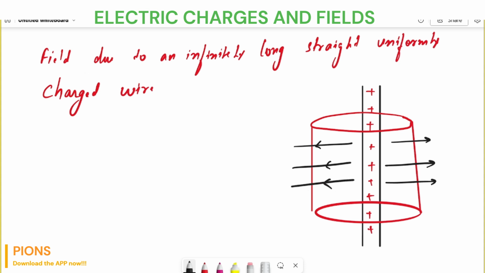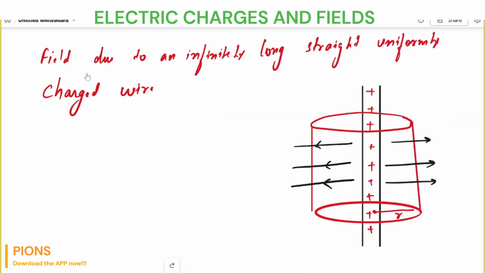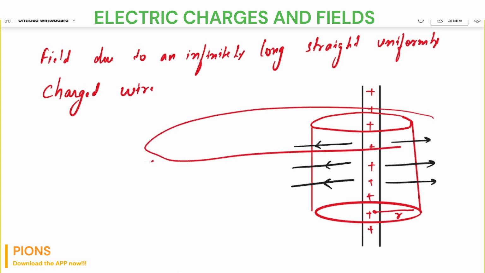Let's assume that the Gaussian surface here is at a distance R. Sir, can you imagine a bigger Gaussian surface? Yes, you can. Sir, how do you decide which size? See, if you are looking for the electric field at a point, let's say this point, you have to decide your Gaussian surface according to that. So if you are looking for the electric field at this point, you can imagine a Gaussian surface of this size, correct?